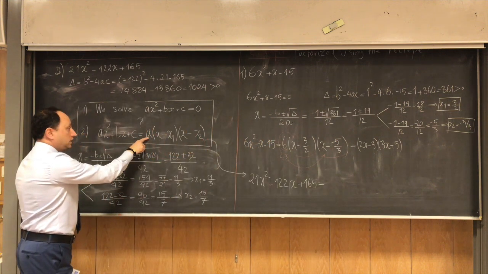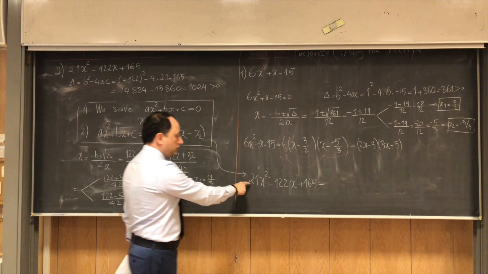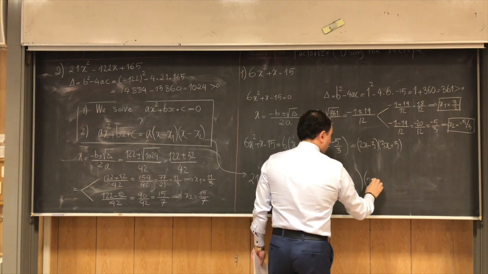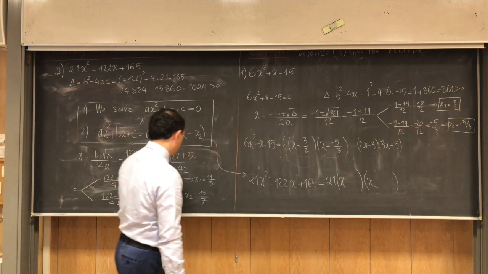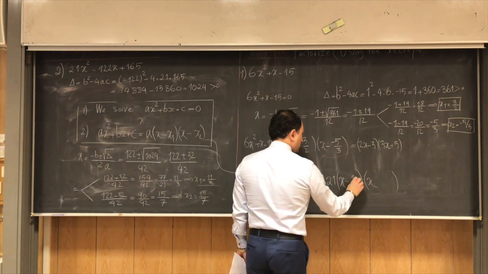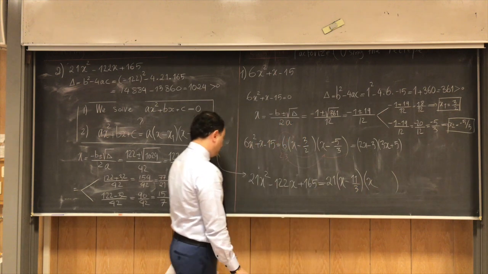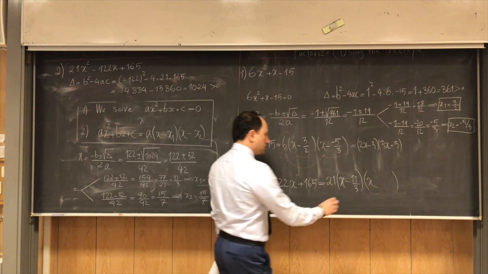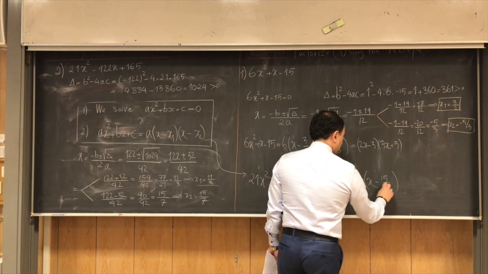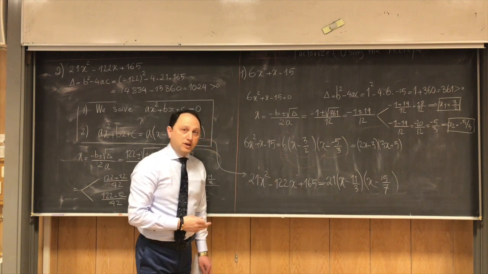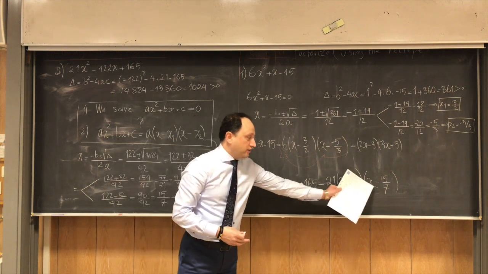According to this formula, I have to put a, which is 21 in this problem, and then I have x minus x1, I call this one x1, it doesn't matter. So I would write x minus 11 over 3, and then I will have x minus x2, which is 15 over 7. Of course, this is factorized, but it is factorized in the domain of rational numbers because fractions are involved.